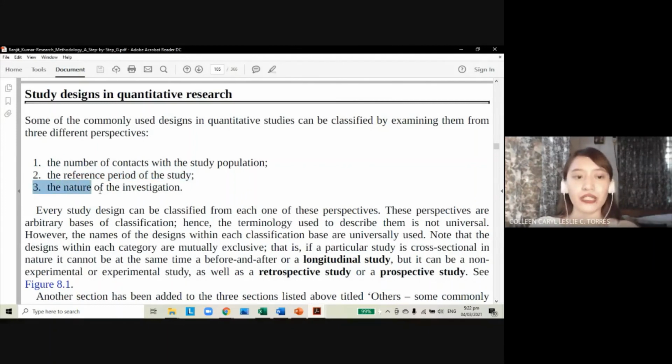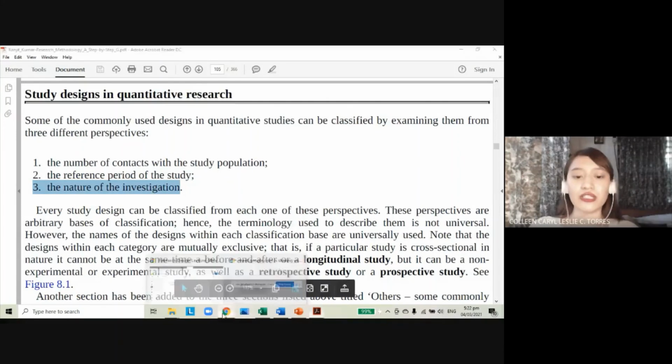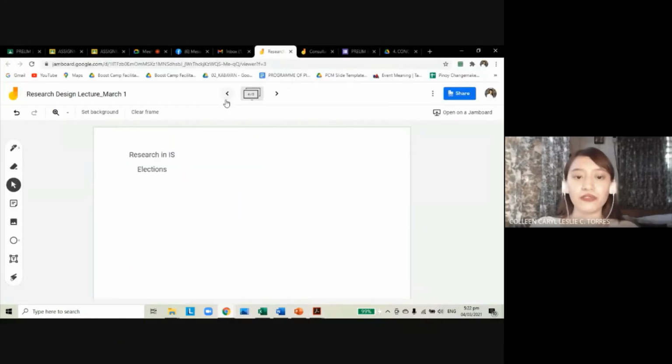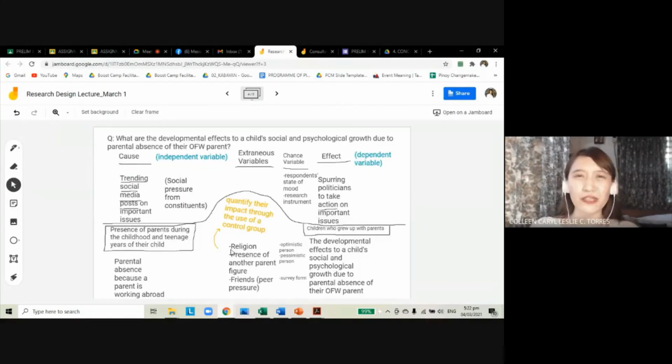And then third is the nature of the investigation. So this relates to what is the nature of the investigation. Are we trying to look at the actual cause and effect of an intervention? Take for instance, OFW parents, although that is not experimental, it is actually a non-experimental study.